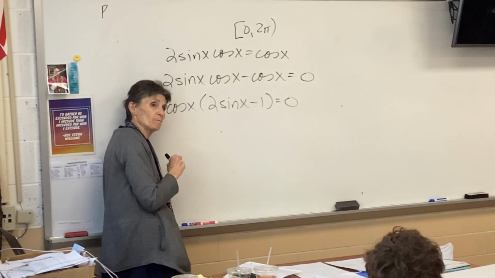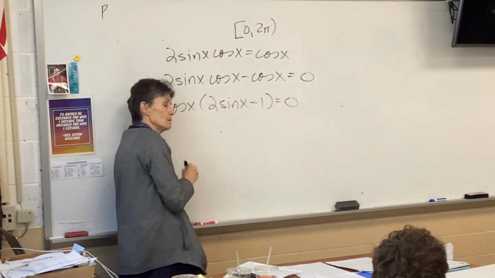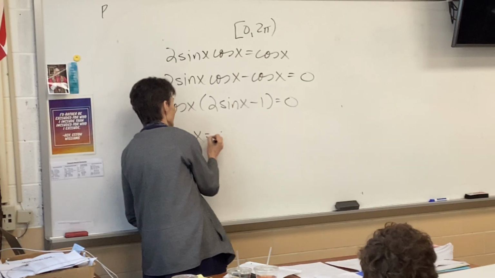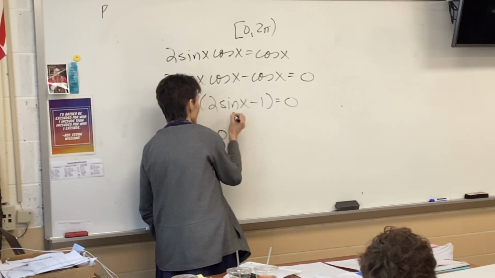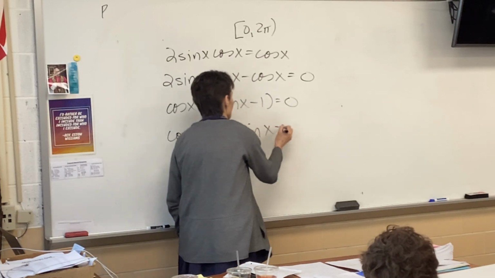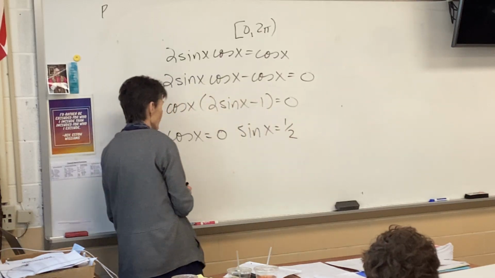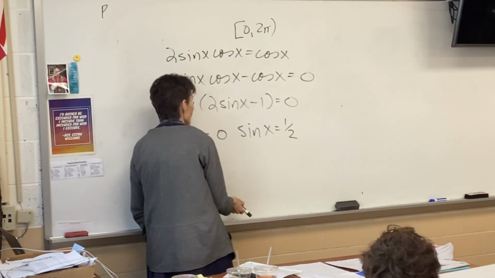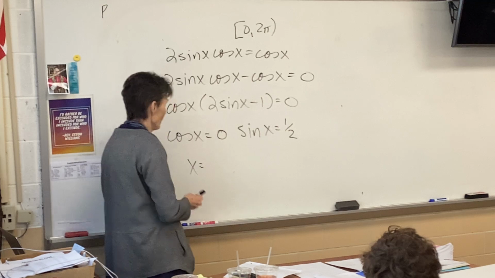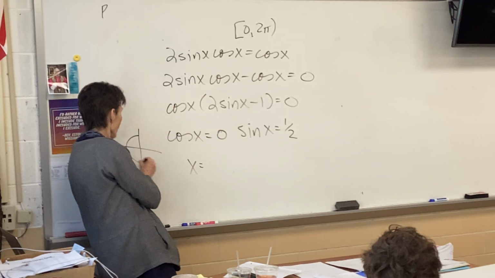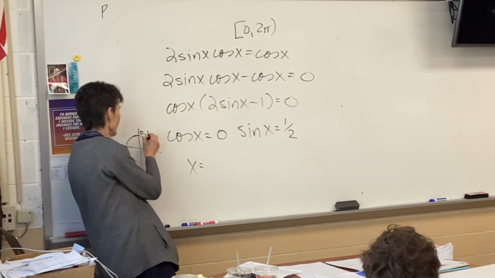So is everyone with me to this point? Equals 0. Go factors. And then we're going to figure out where is the cosine 0. Now remember, you can always draw your unit circle.